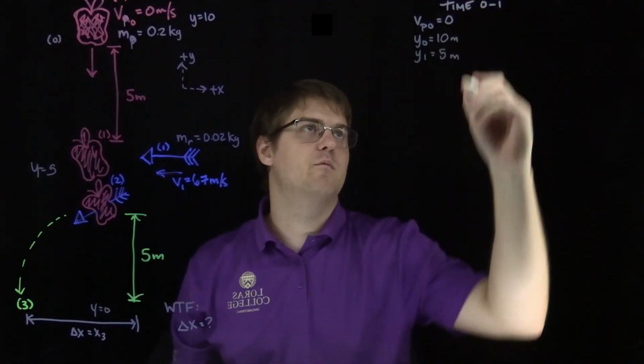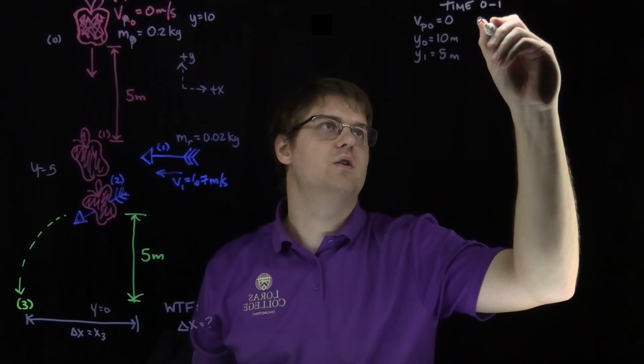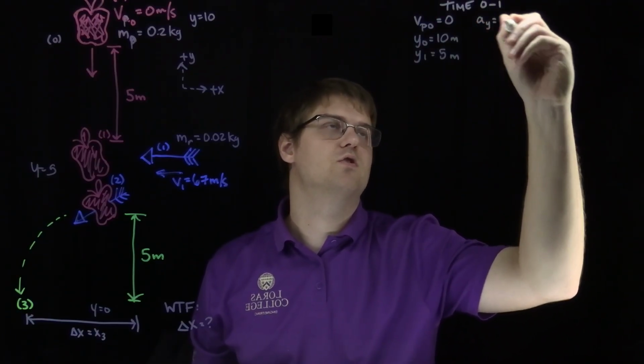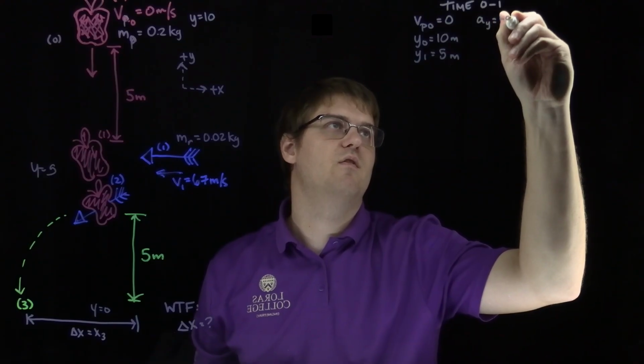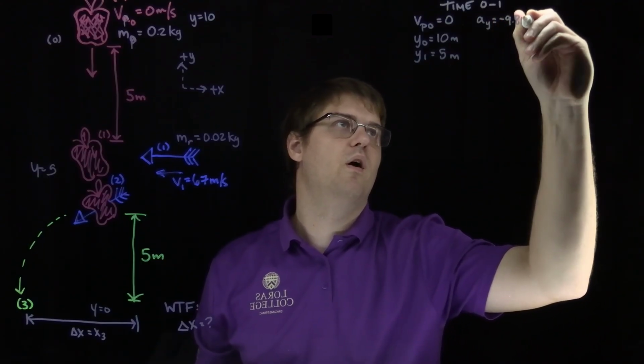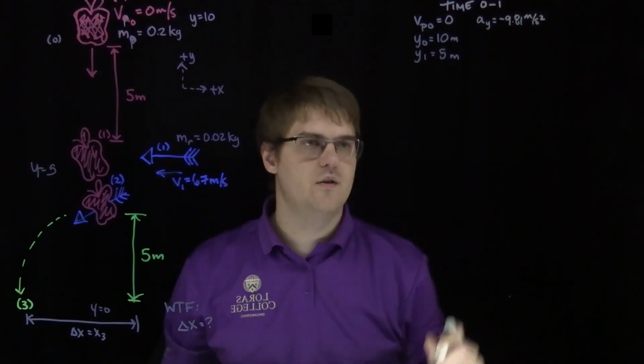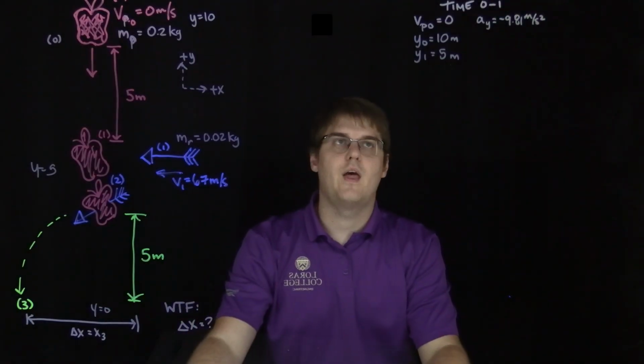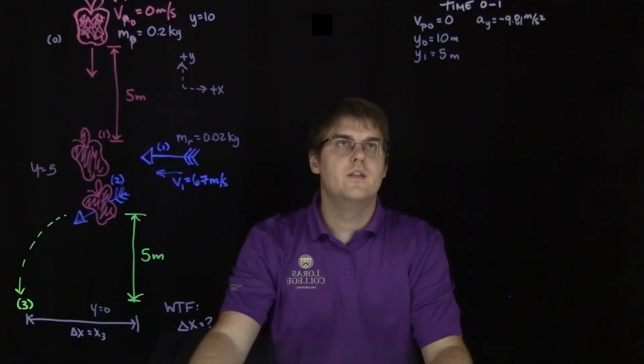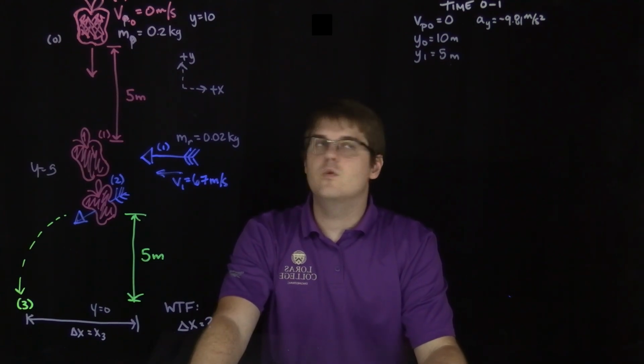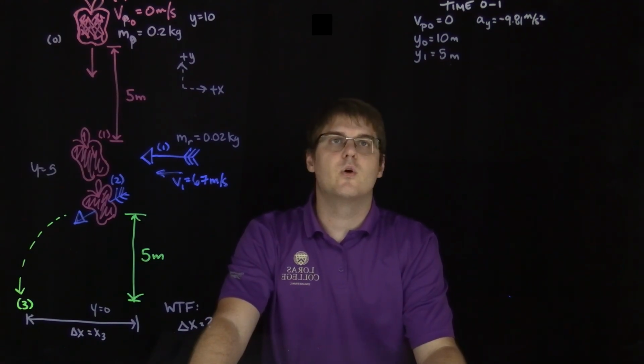And my acceleration between 0 and 1 in the y is just gravity, which is going to be negative 9.81 meters per second squared. It's acting down, hence the negative direction. That's gravity. Do I have anything else that I need to be throwing up there?